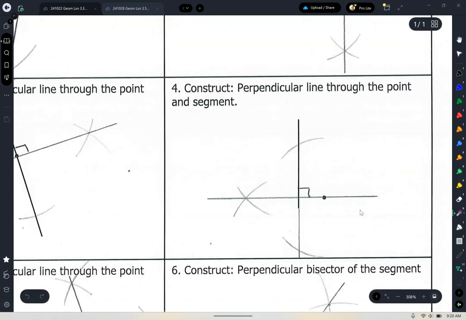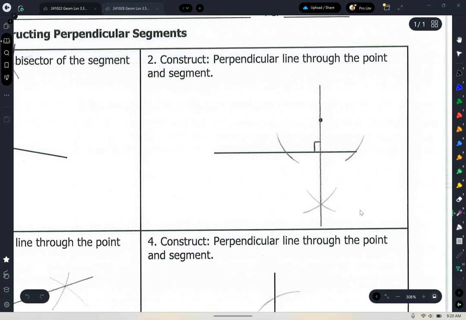And then the other skill was like up here in number 2, where we had an original line segment, and then we had some point floating out here in space. And we had to draw a perpendicular line from that point back to another segment, okay? And so what we did was we made this the center of a circle by setting our compass to some random length, and it didn't matter what length we set our compass to, as long as whatever that distance was here, it was equidistant here, because again, those are both radiuses I just drew up there, right?